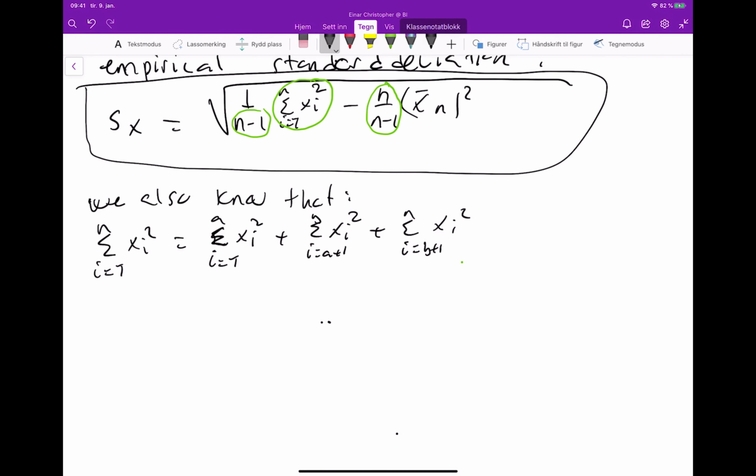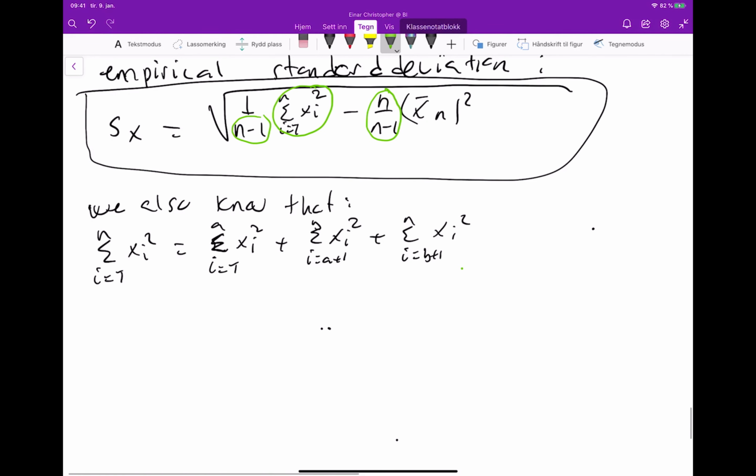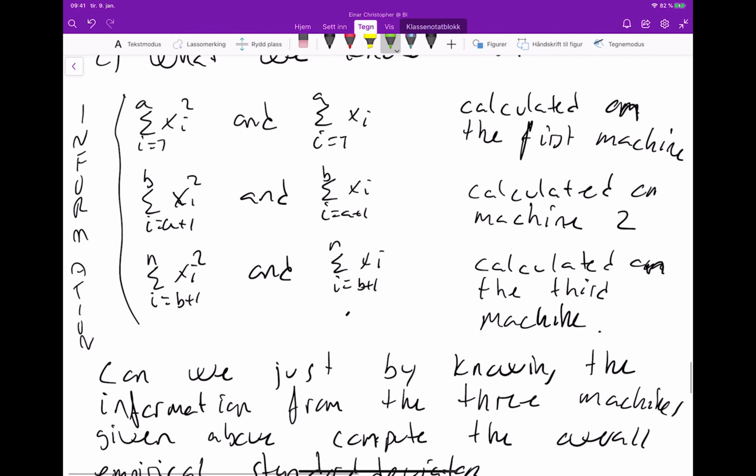And therefore we have green light for the sum of the x i's overall squared, because we just used this information to compute the overall x i squared.